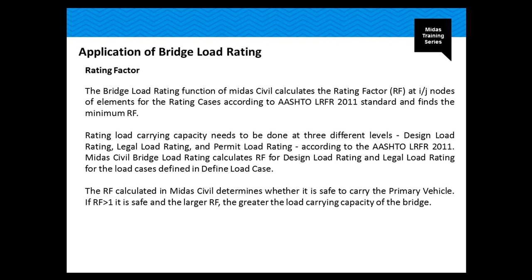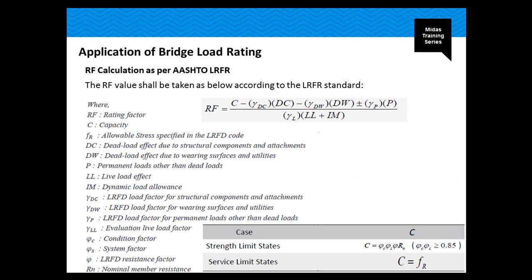And then the rating factor is calculated, which determines whether it's safe to carry the primary vehicle. If the rating factor is higher than 1, it is okay to carry that vehicle. This is how the program calculates the rating factor.